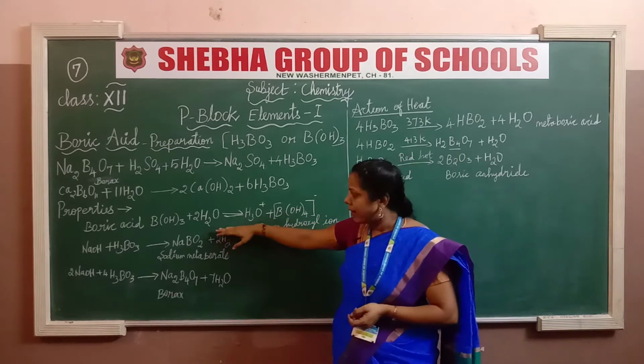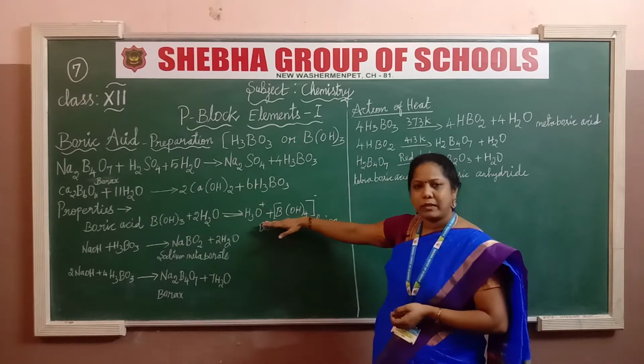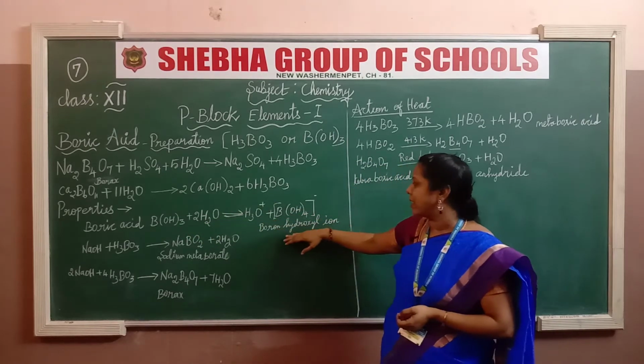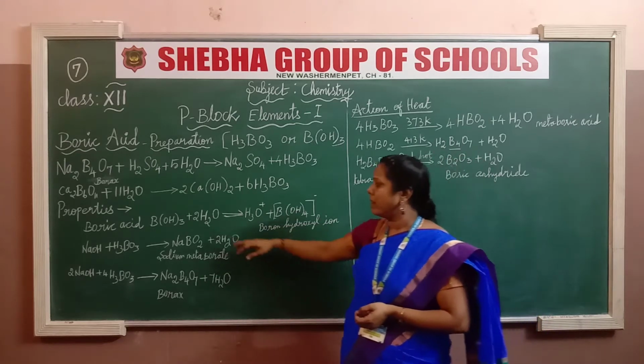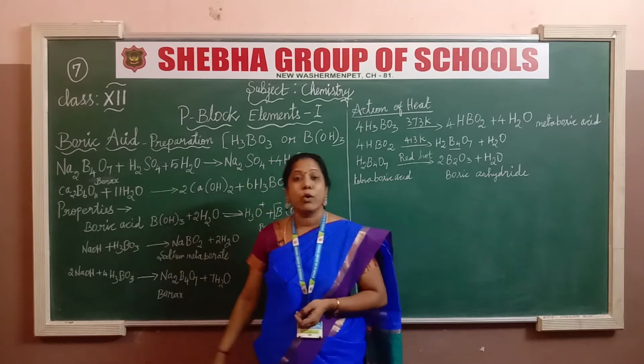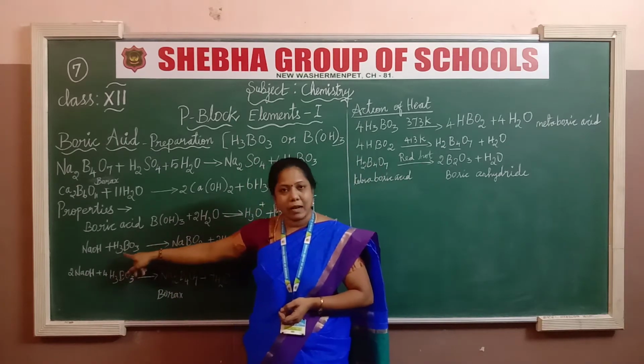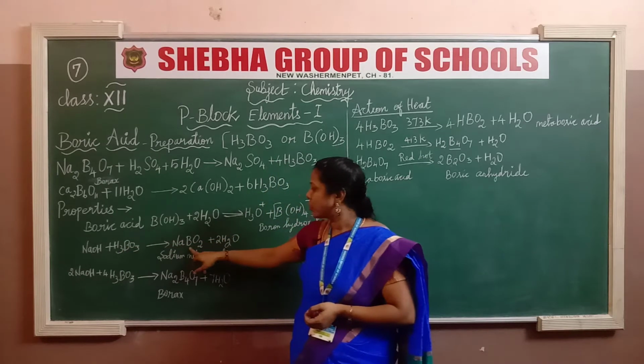So when the water molecule reacts with boric acid, we can get the hydronium ion, otherwise the hydroxyl ion of boron. And then go for another equation, the reaction with sodium hydroxide, NaOH. NaOH reacts with boric acid to give sodium metaborate, NaBO2, along with 2 molecules of water. If sodium hydroxide is 1 molecule, we can get sodium metaborate.